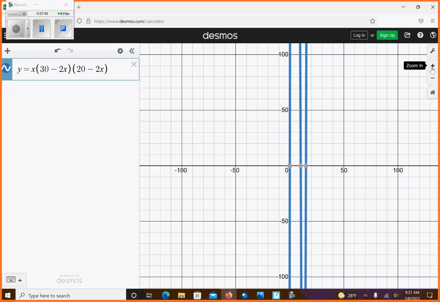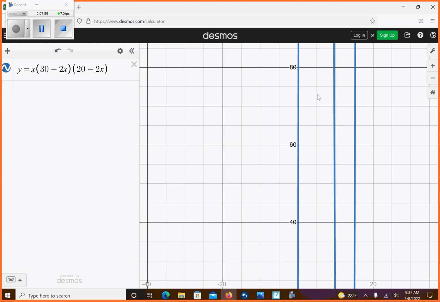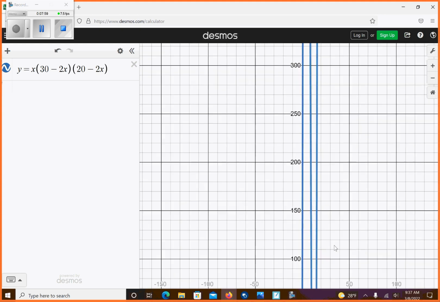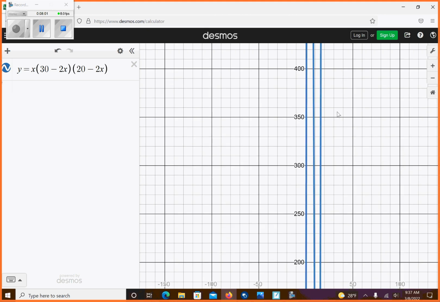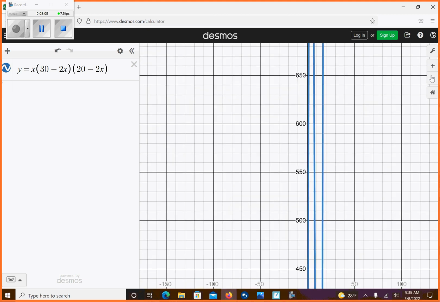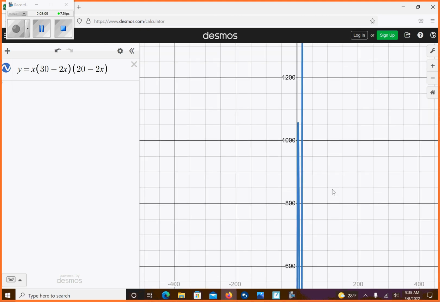And zoom in a little bit. All right, so I'm looking for the top of something. So I'm looking for the top of those middle 2 lines. There we go.